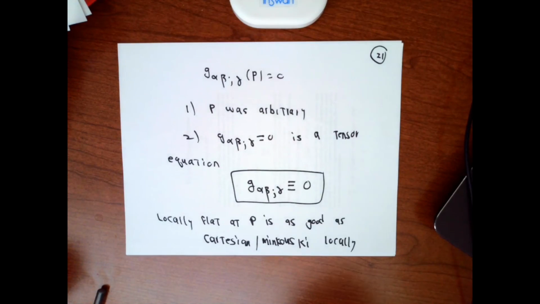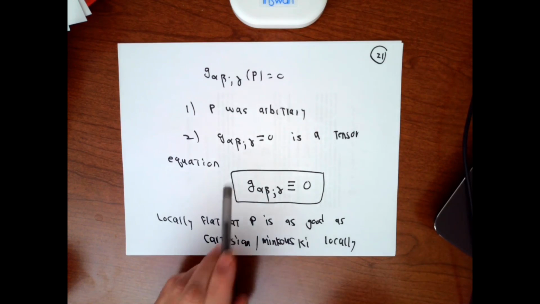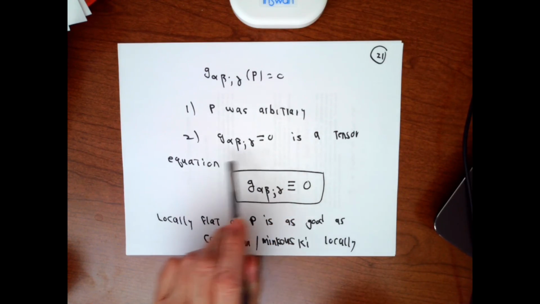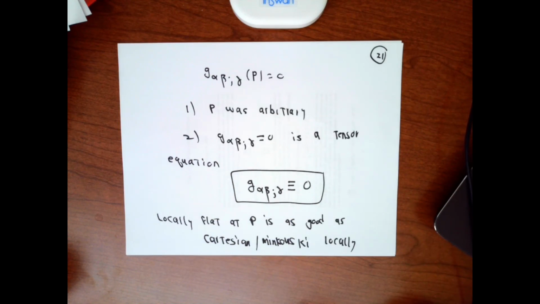The reason I want to be so emphatic about that is in a locally flat coordinate system at P, then, g_{αβ;γ} is going to be 0, which is what I want. Point P was arbitrary. This is a tensor equation. If it is true in my locally flat coordinate system, it is true in all coordinate systems.